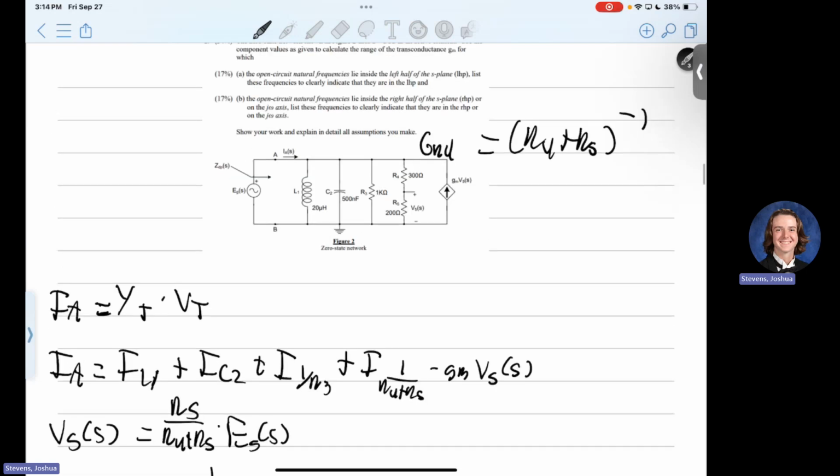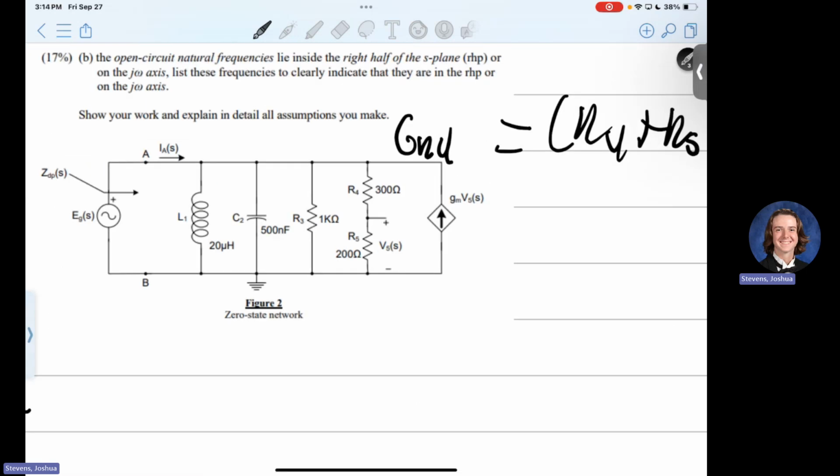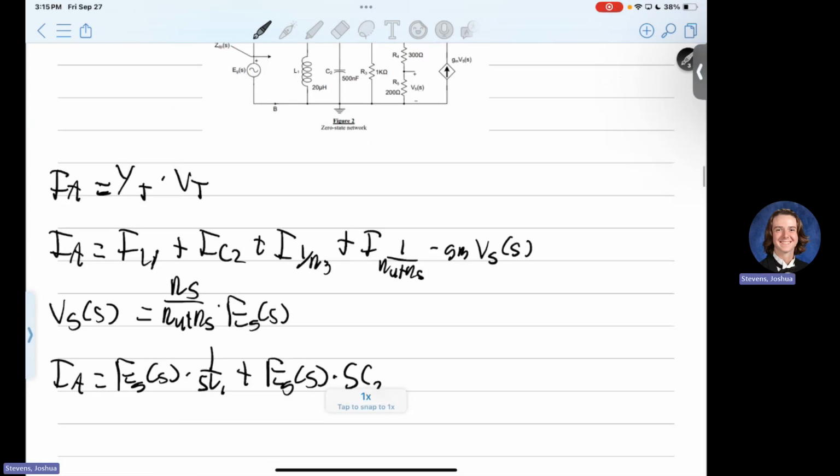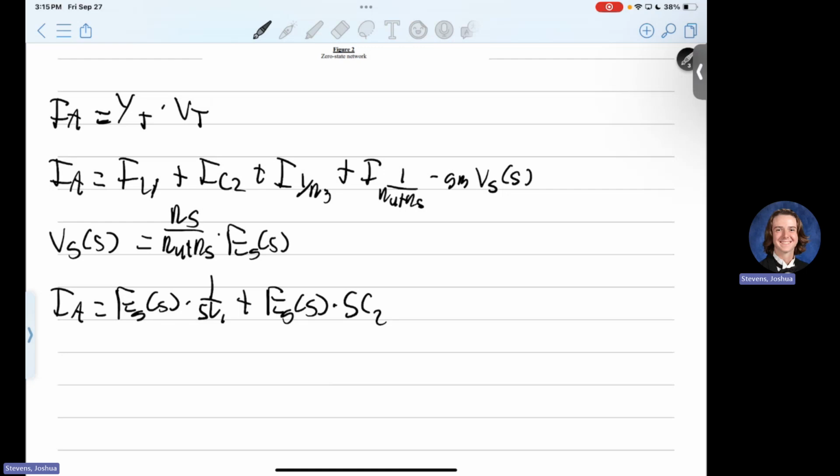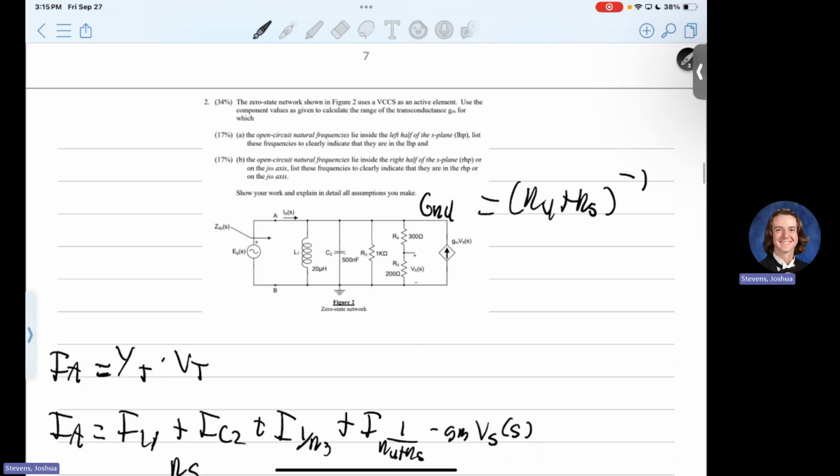The reason why it's sC2 and it's 1 over sL1 is because we're in admittances, meaning the admittance of an inductor is 1 over sL, and the admittance of a capacitor is sC. All right, cool. Now, what is the current in this branch in terms of admittance times voltage?